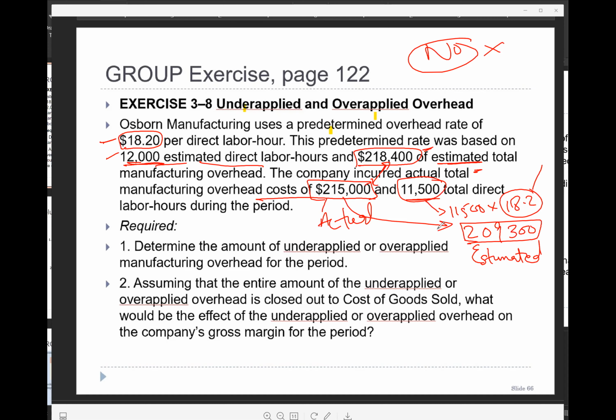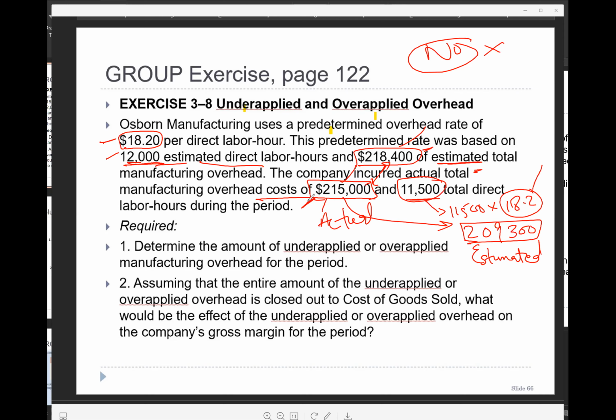Most people compare 215 with 218. It's wrong. Now you need to compare. We estimated it would be 209,300. Now it has occurred 215,000. Is it underestimated or overestimated? You tell me.